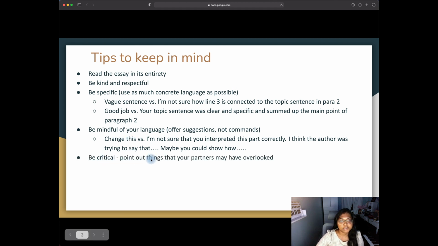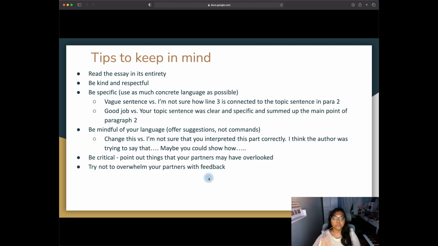Next, you want to be critical, so you want to point out things that your partners may have overlooked, but also try not to overwhelm your partner with feedback. So you don't want to point out every single teeny tiny detail or error that your classmate may have made, because that can be very overwhelming for someone.